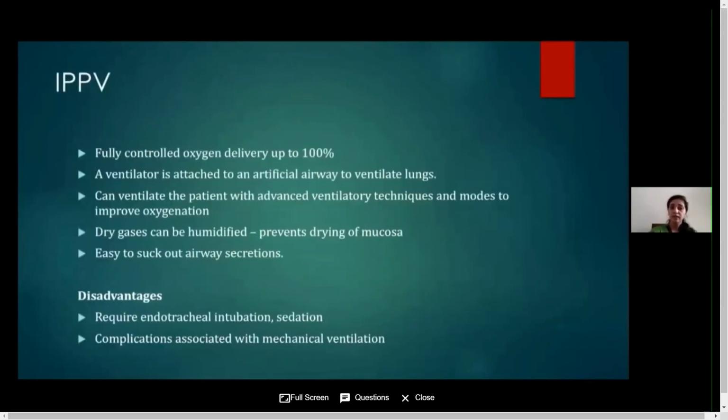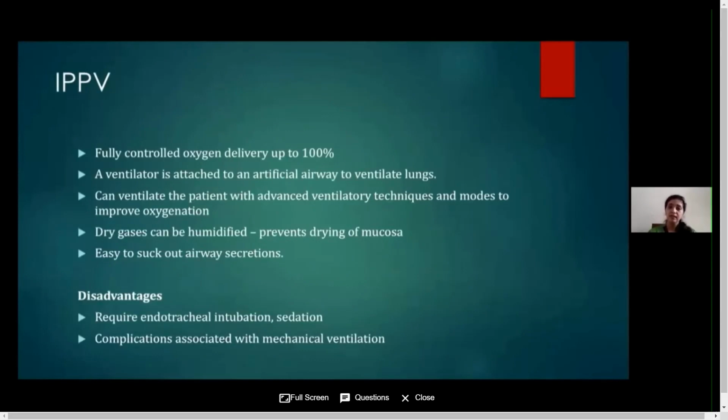So invasive positive pressure ventilation offers a controlled setup where oxygen can be delivered at high percentages, such as even 100%. And you need an artificial airway to connect the patient to the ventilator. And you can use various modes to improve the oxygenation.